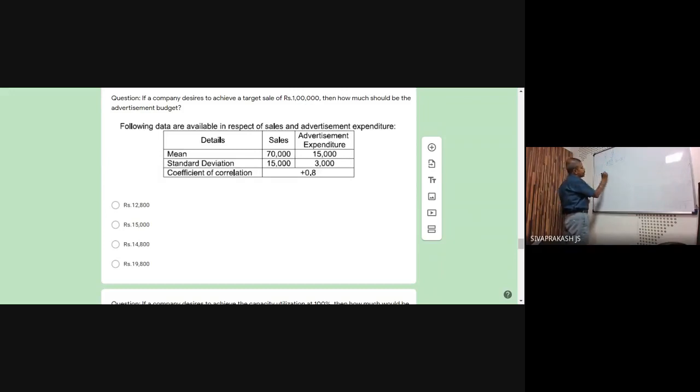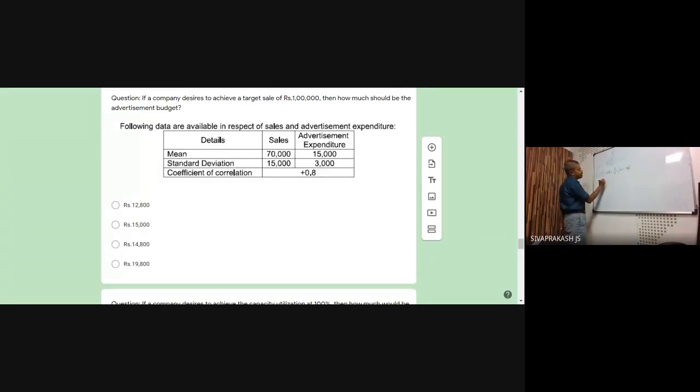Let me take it as 15, and the last three digits can be added back. The average advertisement expenditure is 15. Then the correlation is 0.8, the standard deviation of Y is 3,000, the standard deviation of X is 15,000.